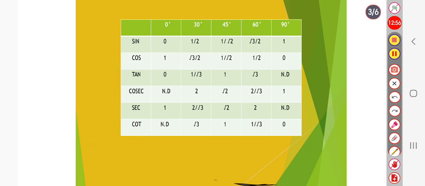You just don't need to memorize every value of sine, for example sine 30 is 1 by 2. That's not at all necessary. Just kindly follow the step. You can easily arrive at the whole table within a fraction of a second if you practice it regularly.